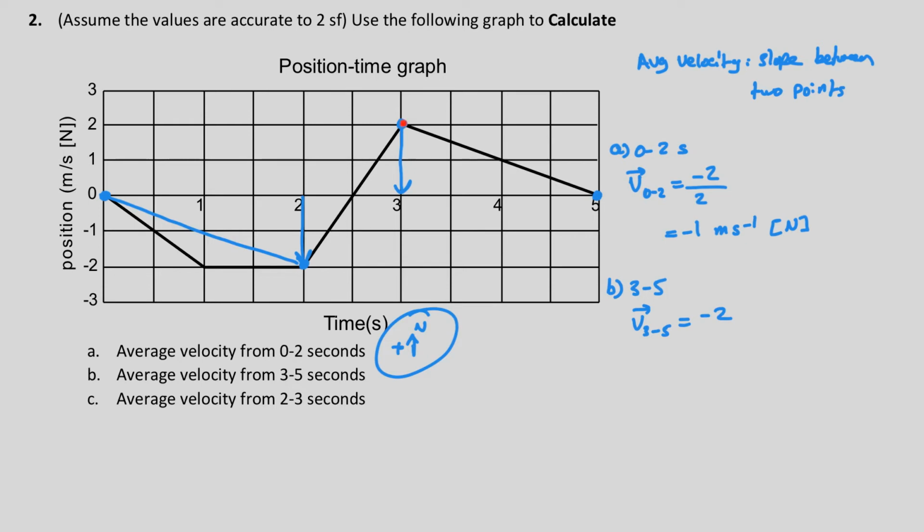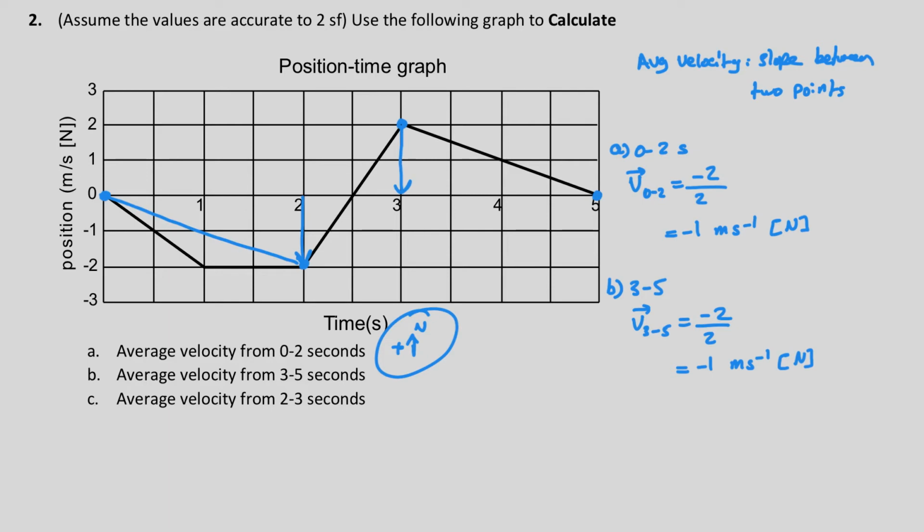We can see that it starts here, goes down by 1, goes down by 2, so -2. And my run is from 3 to 4 and 4 to 5, that's 2 again. And that's also going to equal -1 meters per second in the north direction.